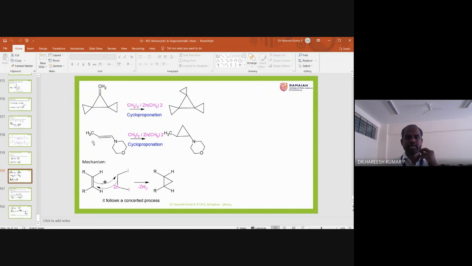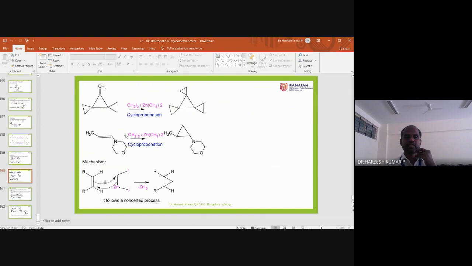Here, I think you are aware of the double bond. This is the methyl group, and this group has oxygen and nitrogen. Oxygen and nitrogen in a 6-membered ring is called morpholine. So this is a morpholine, which means a morpholine-substituted alkene.